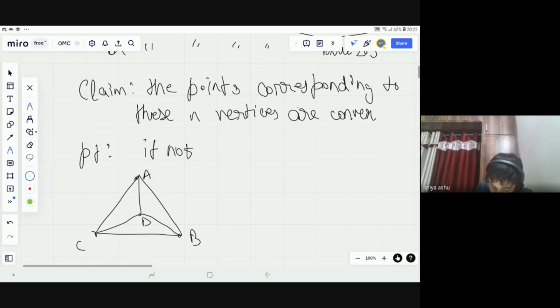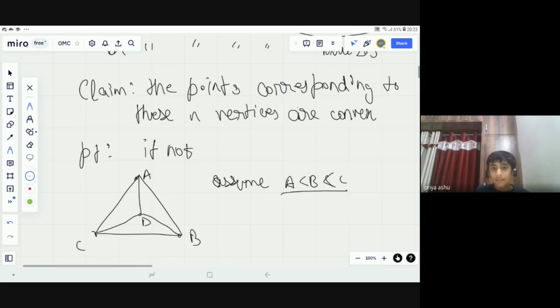So we can without loss of generality assume A is less than B is less than C. Just because the path from the smallest number to the middle number to the largest number and back to the smallest number is clockwise, the triangle should be red. And as all triangles are red, we must have the paths clockwise. So we assume that A is less than B is less than C.